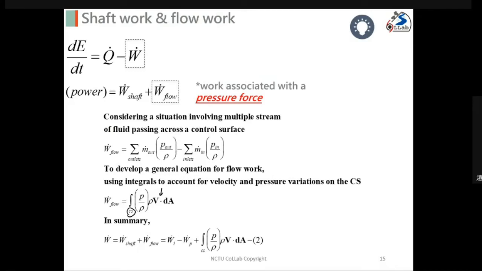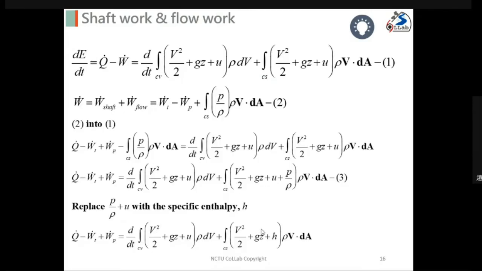So finally, we know that the work rate includes the shaft work rate and the flow work rate, and the shaft work rate is equal to the W turbines minus the W pumps, plus the control surface integration of the energy flow rate. So this is our equation 2.